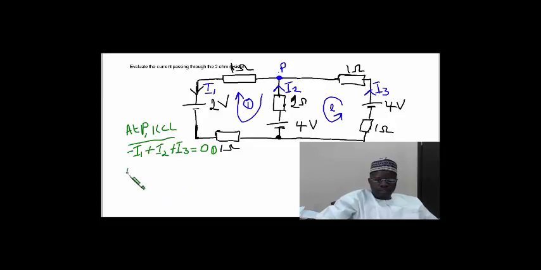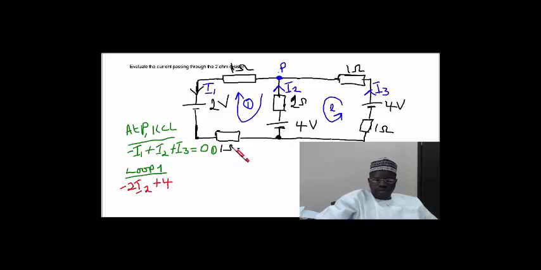This is my equation number 1. Okay? Then let me take loop 1, starting with the 2 ohm resistor. My current I2 is opposing my direction, so my potential drop across the 2 ohm resistor is minus 2I2. Then coming to my 4-volt battery, I'm reaching the positive terminal of the battery, so my battery is positive 4.